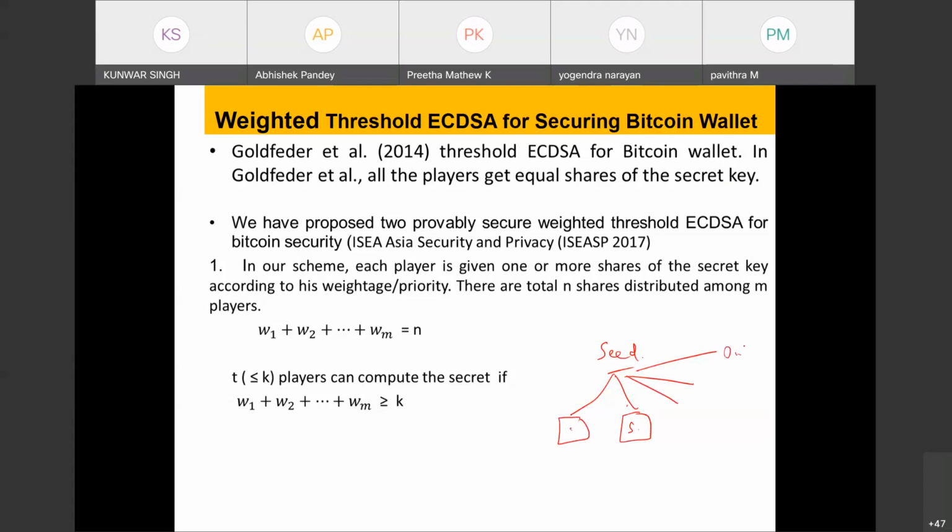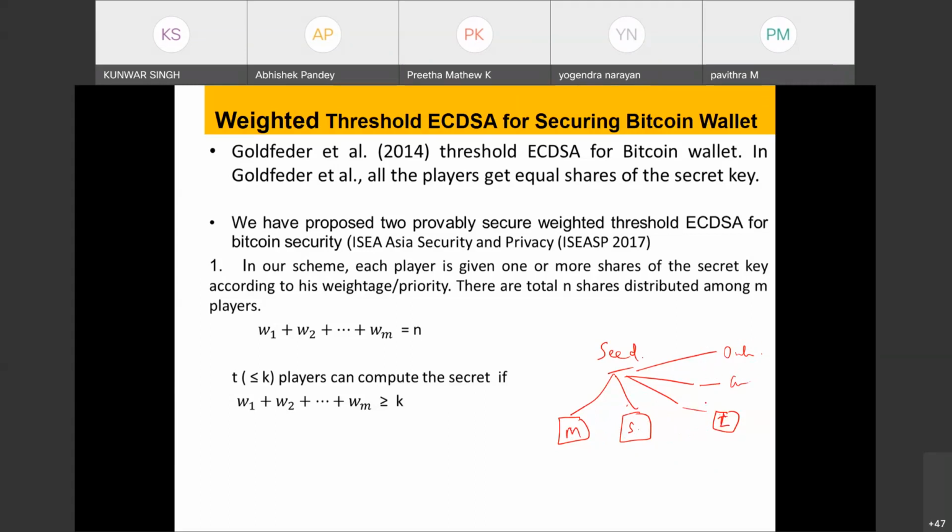The online one is less secure, and maybe giving it to your wife is less secure. Maybe the laptop is more secure. So you may give more weightage to your system, mobile, and laptop, and less weightage to the other things. Basically, it is weighted.